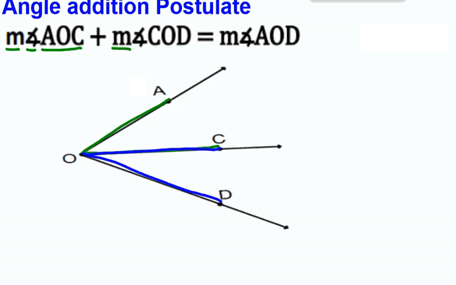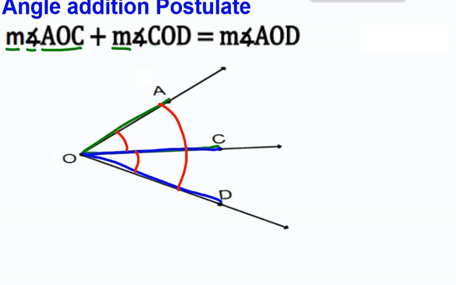So this is very similar to what we were doing with line segments, where when we had 2 little line segments, we added them together, we got 1 big line segment. So same principle. If I have 2 smaller angles, for example, I have these 2 smaller angles and I add them together, I get 1 bigger angle.